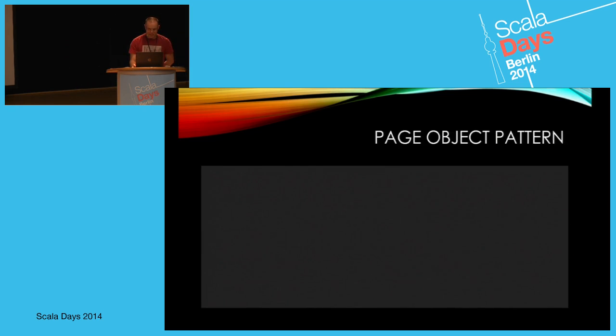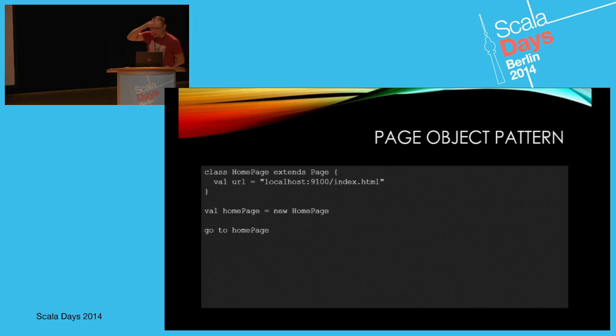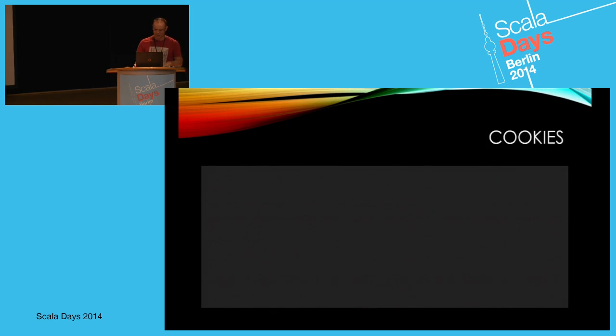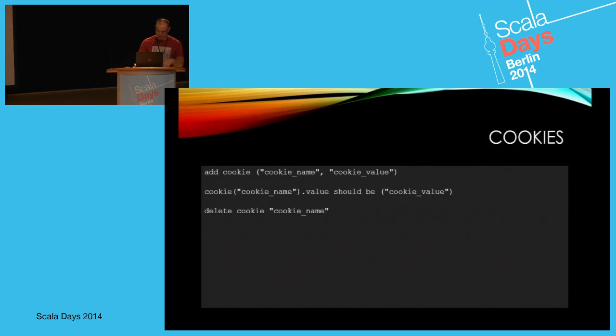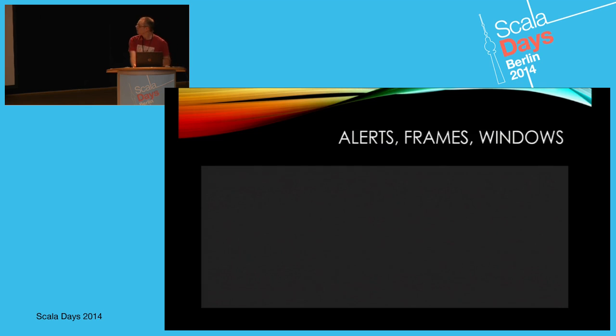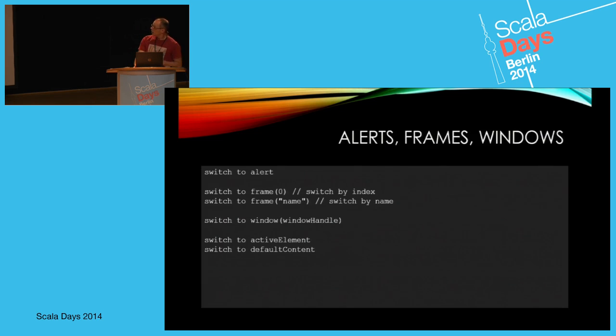There are a number of patterns that are recommended in the DSL. So one of the things you can do is you can actually have a particular object which extends Page, and then you can parameterize each particular page. We tend to use strings, but some people use that. You can add and remove cookies. You can switch between windows, between frames.